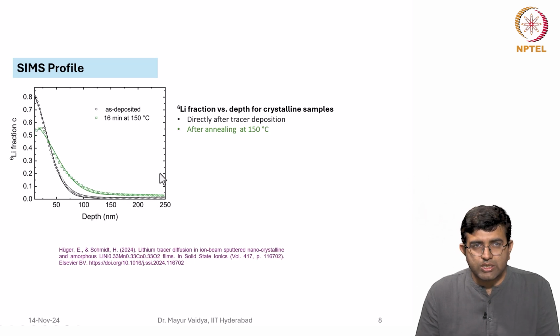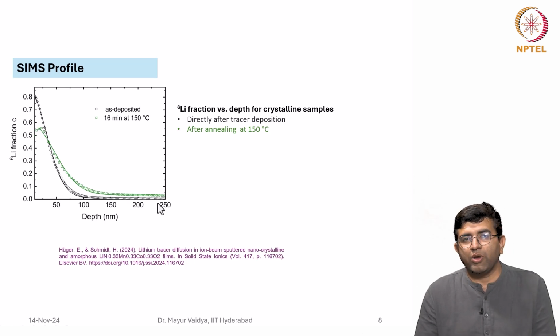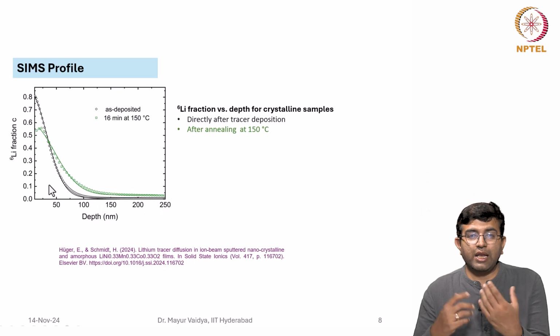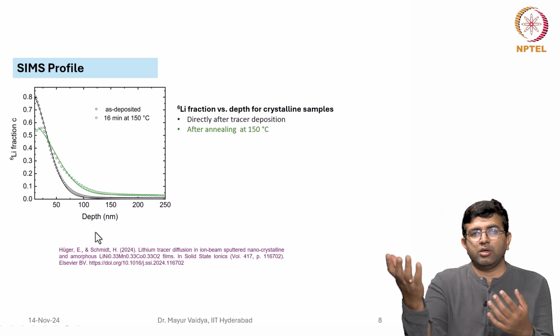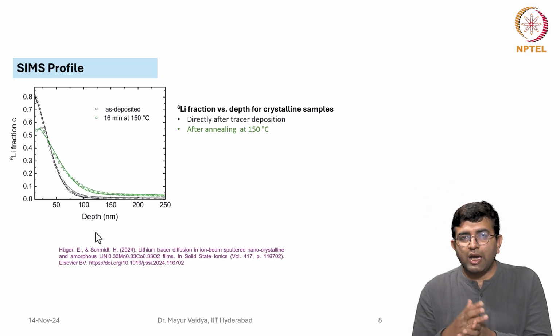What you should notice actually is the depth. When we saw the tracer diffusion in the last class, you saw that the depths, even with the ion beam sputtering, were close to 6 microns and so on. If you use mechanical sectioning, it is much more suitable for a higher depth of diffusion.